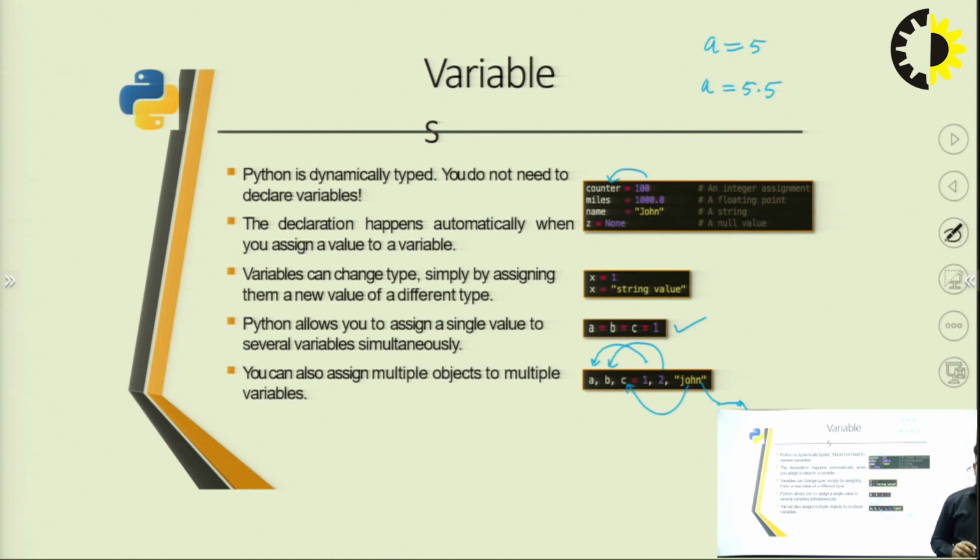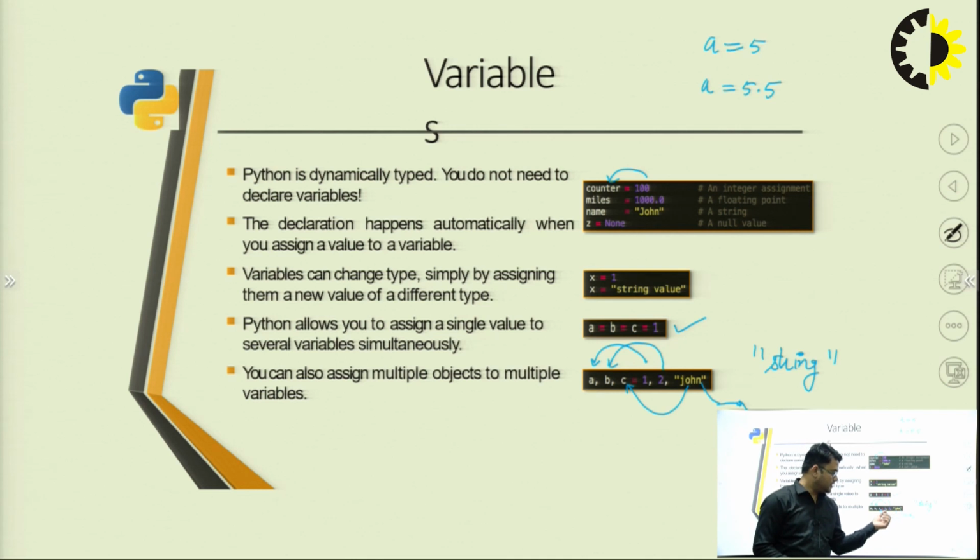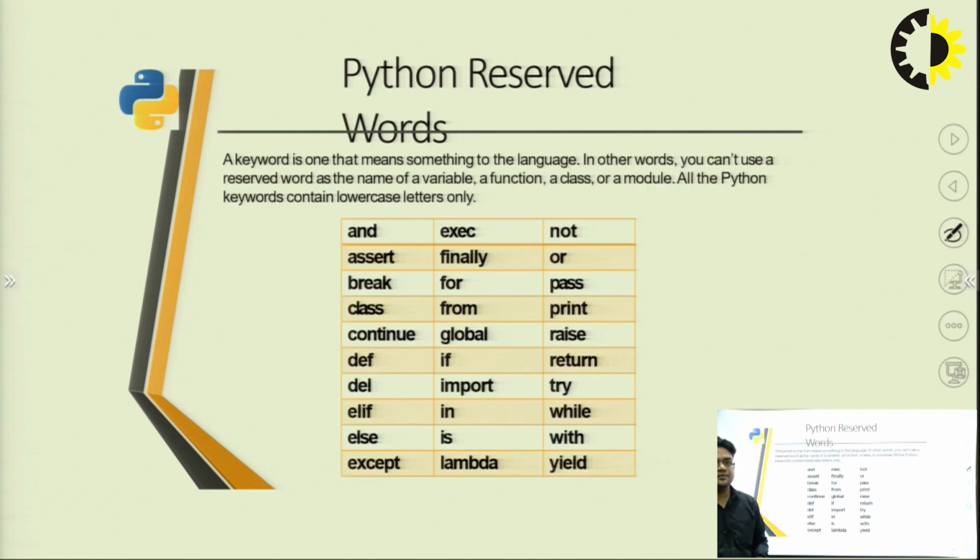As we can see, 1 and 2 are integer values, so a and b will contain integer values, and c will contain a string type value. Why do we call this a string value? Anything we write inside double quotes is called a string type of value. So John is a string value, which we are storing in the variable called c. These are a few things we can directly use in Python programming.